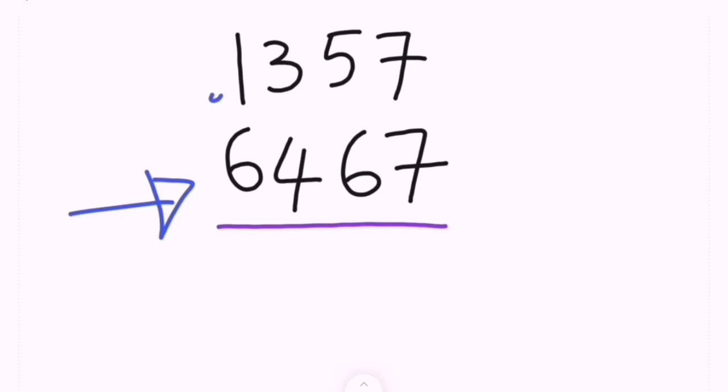So this is 1000. 1000 plus 6000 is 7000. 7000 plus 300 is 7300. 7300 plus 400 is going to be 7700. 7700 plus 50, 7750. 7750 plus 60, 7810. 7810 plus 7 is going to be 7817, and 7817 plus 7 is going to be 7824.